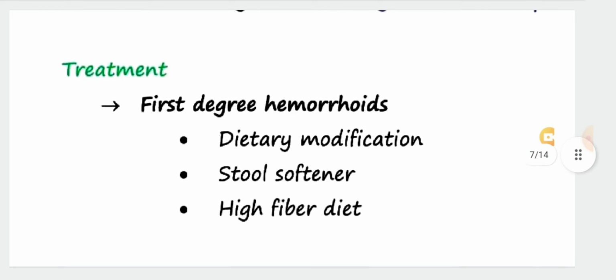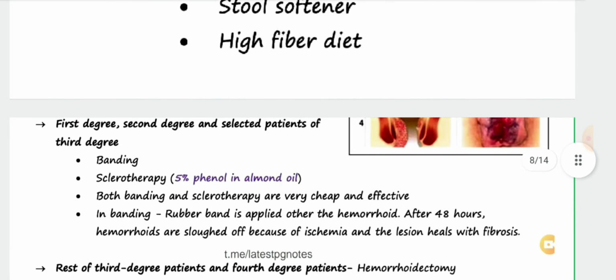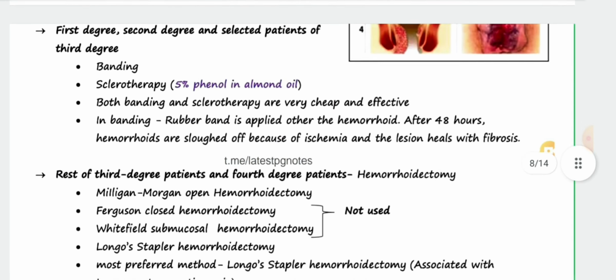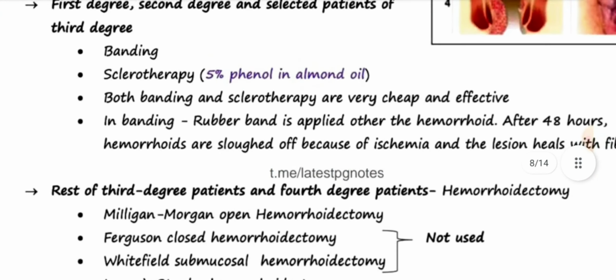For first degree, second degree, and selected patients of third degree, we can advise two modalities of treatment, basically banding and sclerotherapy. In banding, we apply a rubber band-like structure over the base of the hemorrhoid, which results in ischemic necrosis and sloughing out of the necrosed tissue.